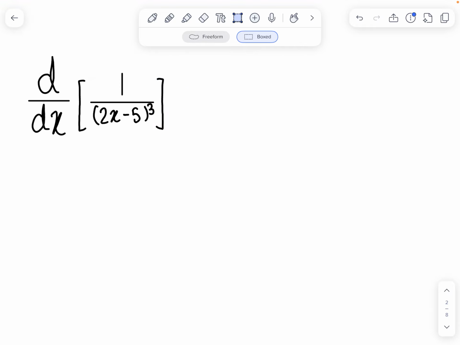Okay, so pause the video and try and find the derivative of 1 over 2x minus 5 cubed. Okay, hopefully you've unpaused the video by now and you've solved the question, so let's get started.